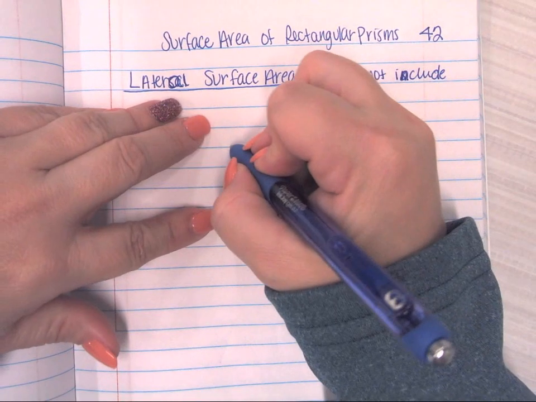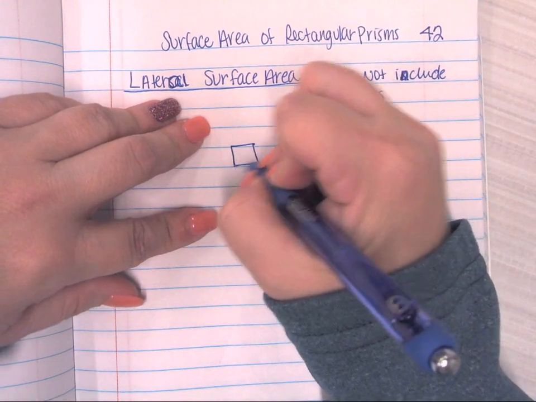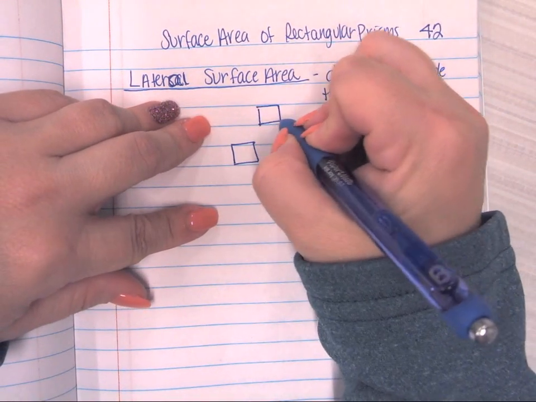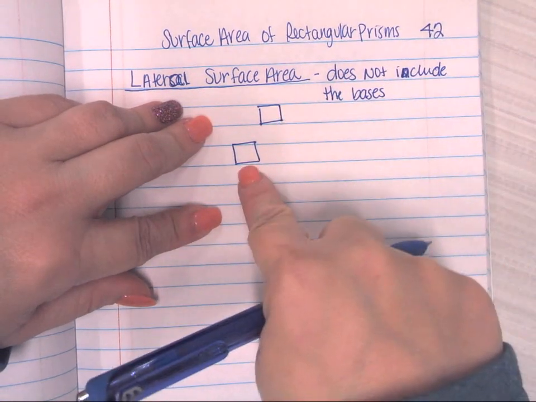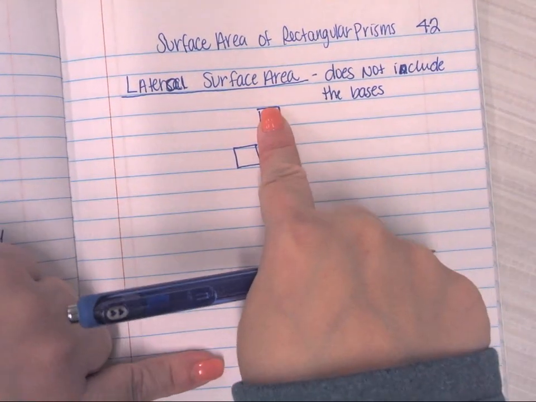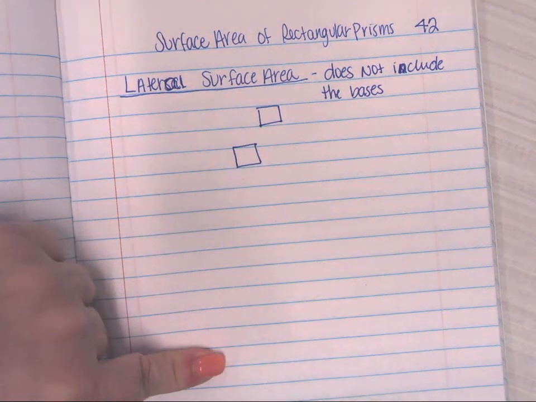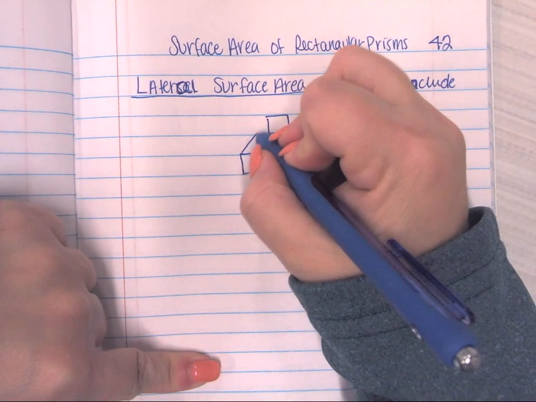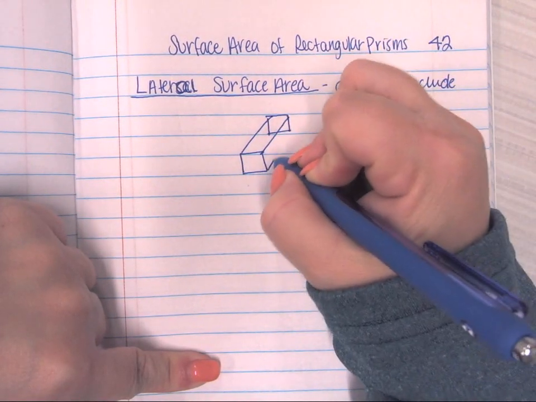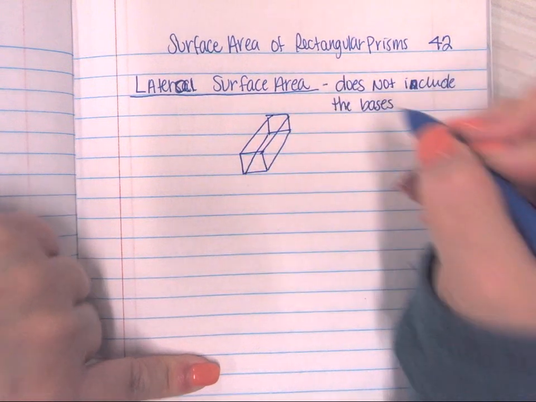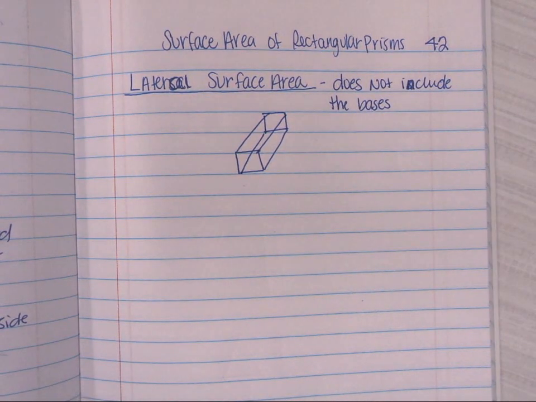So, if I have a rectangular prism, these are our bases, right? The bases are the shape of it. Everything that connects, all those sides that connect, is the lateral surface area.